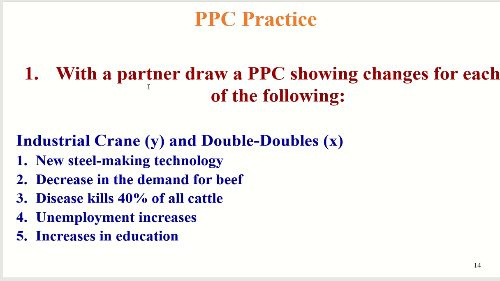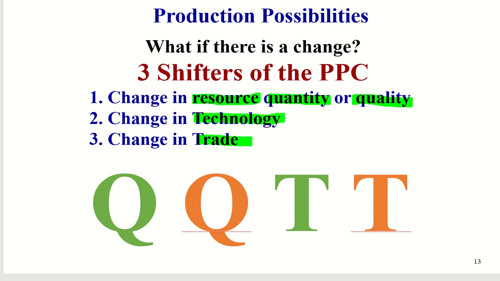So what I want you to do is pause. I want you to go back, review those shifters, and then come back here, and you're going to look at question 1. We're going to look at questions 2, 3, 4, and 5. So pause the video, and let's take a look at number 1 first. We're looking at industrial cranes and double doubles, and we want to know, will a change in quantity, quality, technology, or trade increase that?